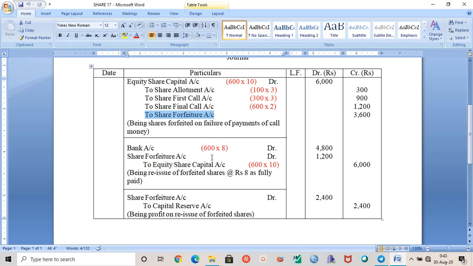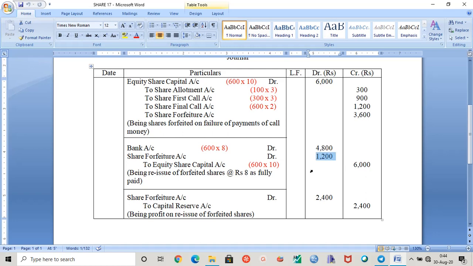So by default you can understand that here in share forfeiture it should be 600 into 2, that is your 1200, because when we reissue the shares, they will be reissued as fully paid. So here it will be 600 into 10, this is your 6000, and bank here is 4800, so their difference should be 1200.